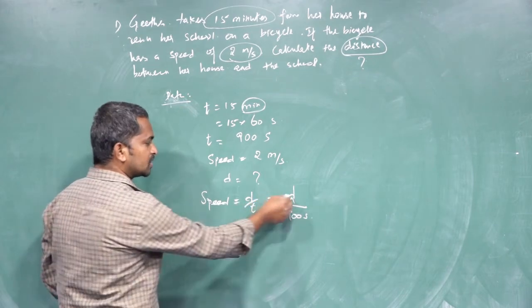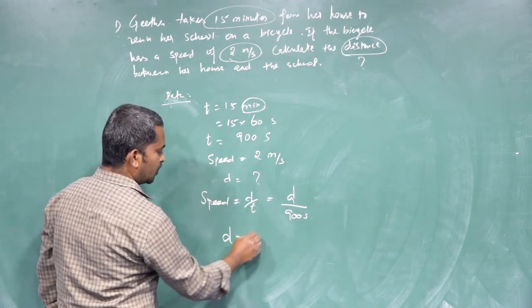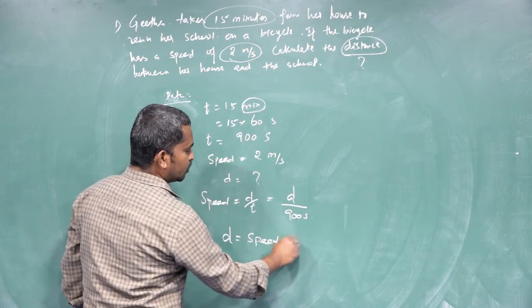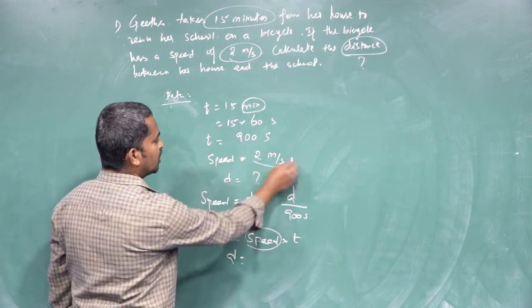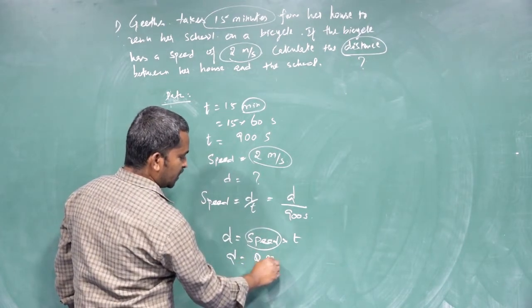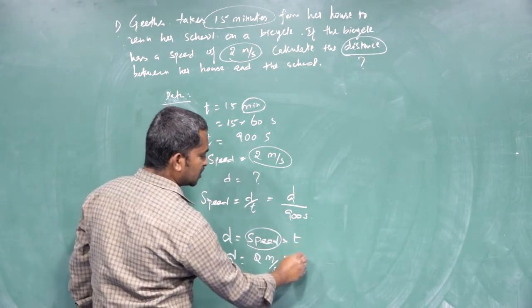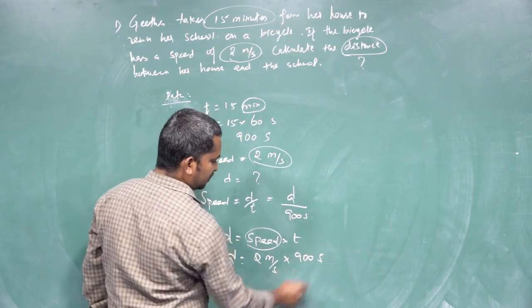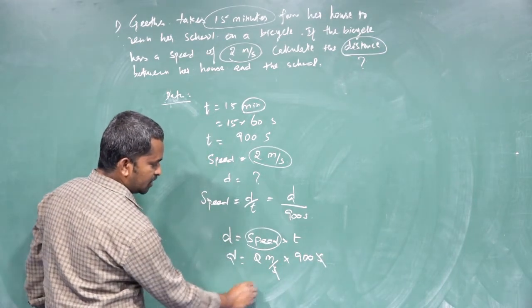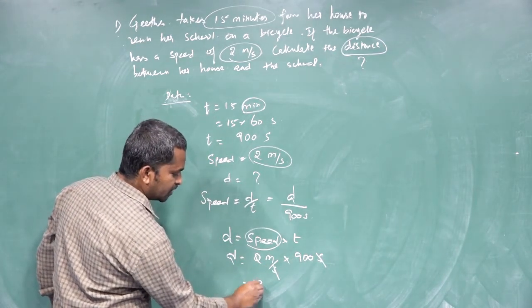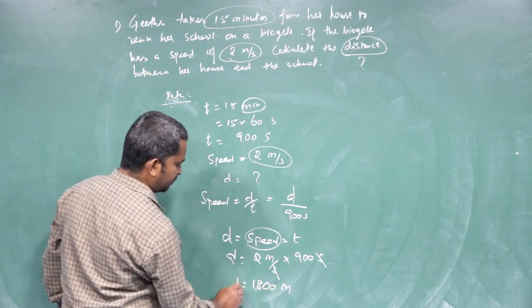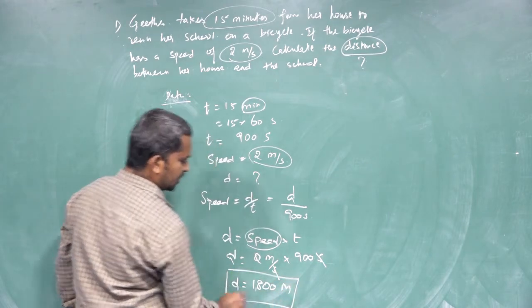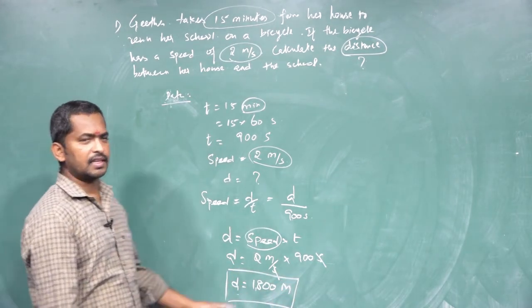I want to calculate this distance, so distance is equal to speed into time. What is the speed value? 2 meters per second, into time 900 seconds. Seconds cancel. 9 into 2 is 18, and two zeros, so 1800 meters. This is the distance.